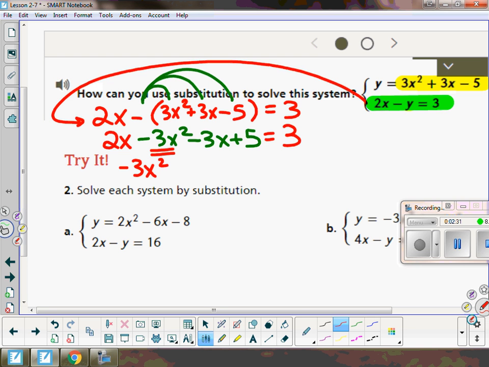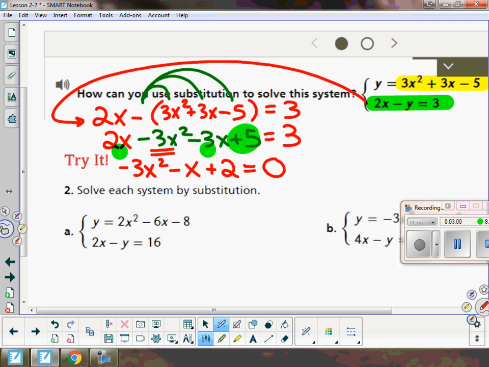I said that by accident. What do you have here with 2x minus 3x? Negative 1x. What happens when this positive 5 gets this 3 subtracted from it when you're going to get everything on one side? What does that become? Plus 2. This is supposed to equal 0 now.